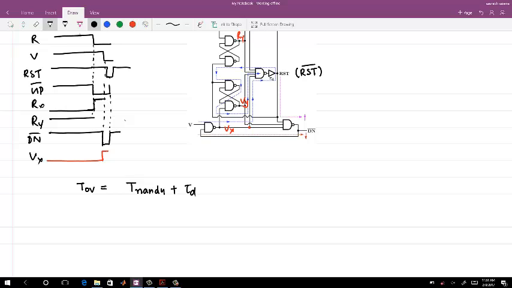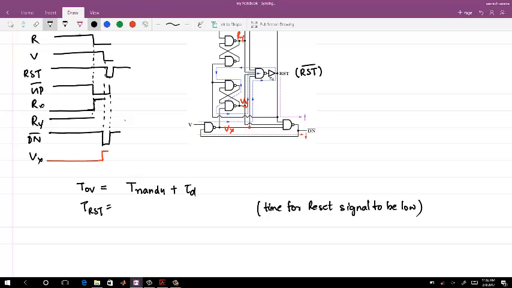Because once V goes high, it's only the reset signal, which means it's the delay from the NAND 4 gate plus TD that it changes, right? Whereas T reset signal, now here, is actually the time for which the reset signal remains low. Okay, time for reset signal to be low.